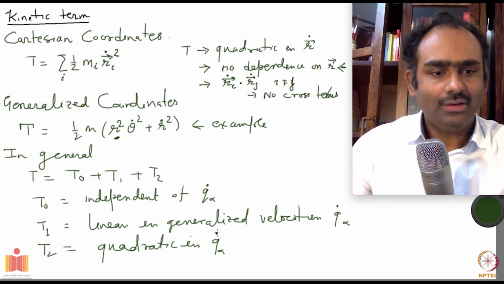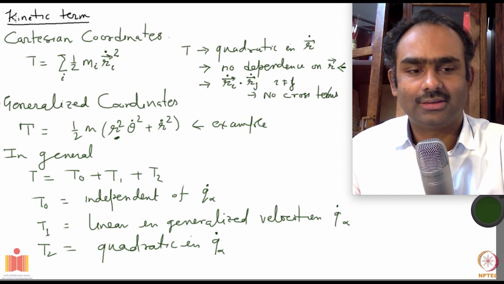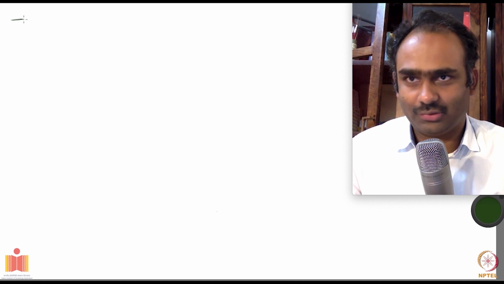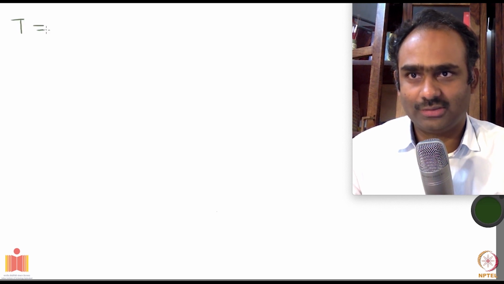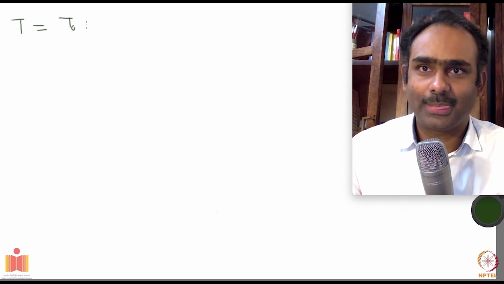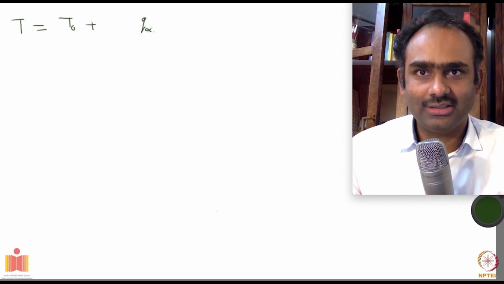Okay, that's what we'll prove now. So what I want to prove is this. I will introduce a notation and make what I said just now more explicit, that T will have the form T0 plus T1, which I said would be linear in velocities.